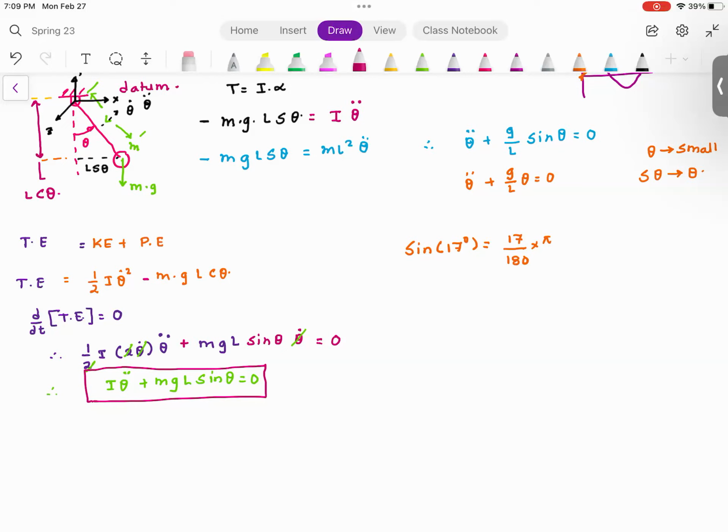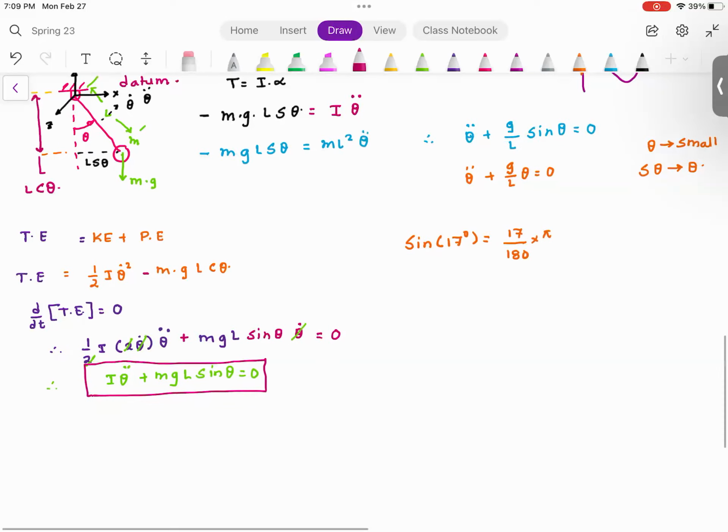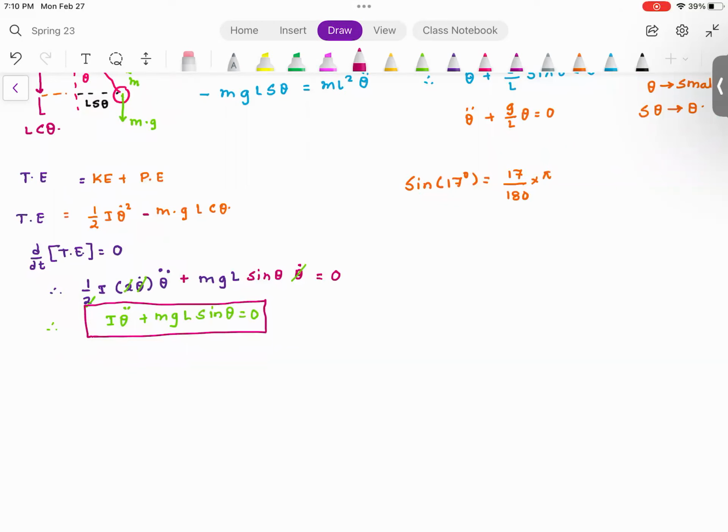So I'm going to write the Lagrangian: T minus V. T is 1/2 I theta dot square, minus V, which is minus m g L cosine theta, is equal to L. Now I'm going to use the Lagrangian equation.